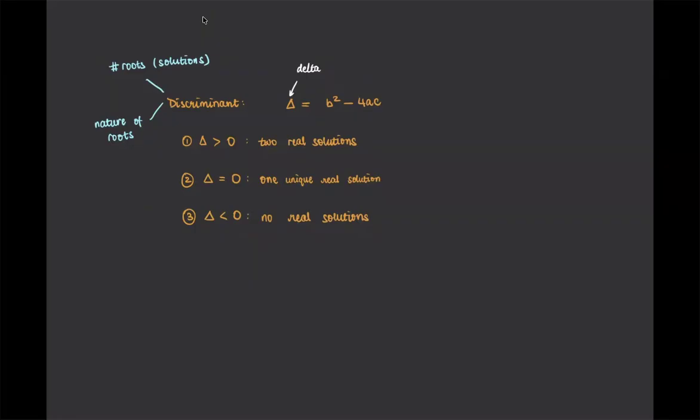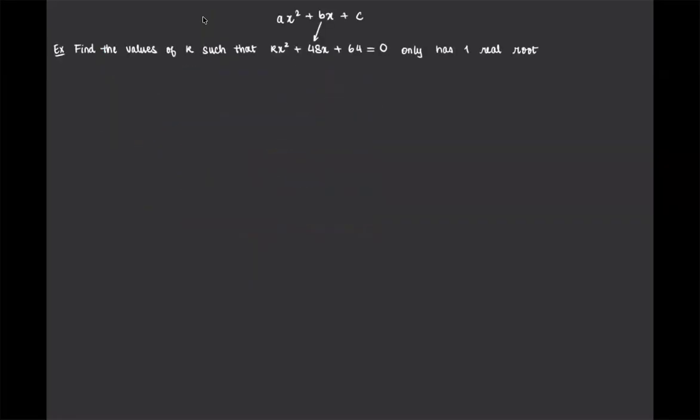All right, so let's try and apply this in the context of an example. So here we have the question, find the values of k such that the equation kx squared plus 48x plus 64 equals 0 only has 1 real root.